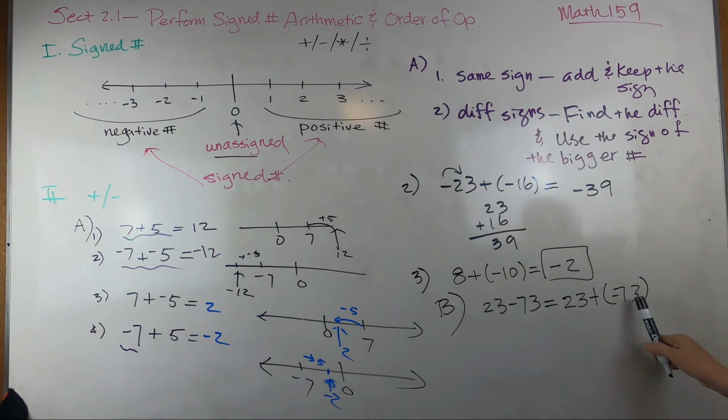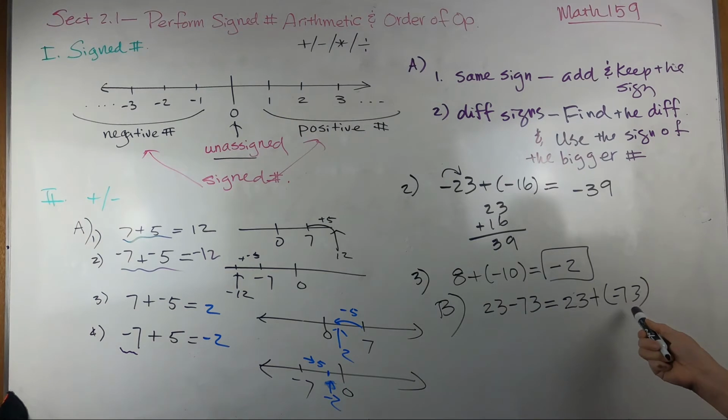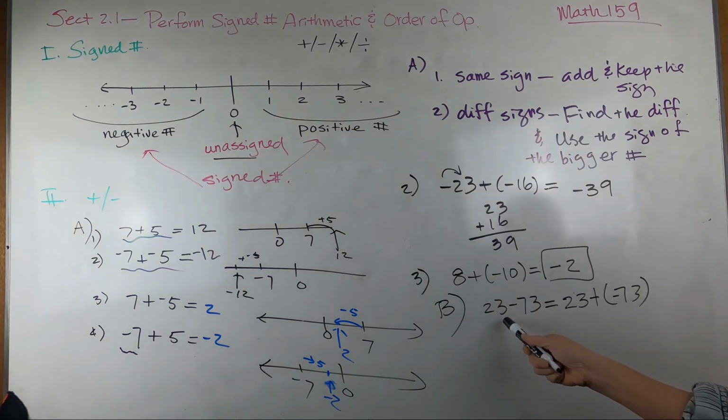One is positive, one is negative. You can think this way. If you think this way, you'll be okay. Since you know how to add, then you should be able to do subtraction, right? Because you treat each individual number with the sign going with it, all right?